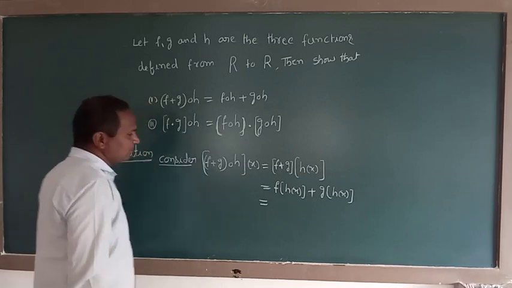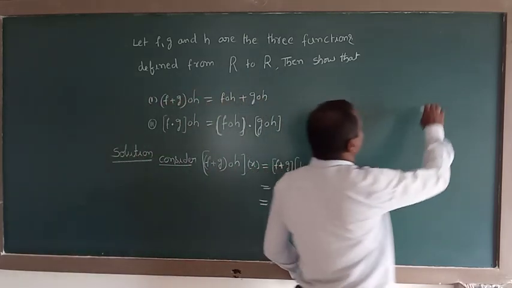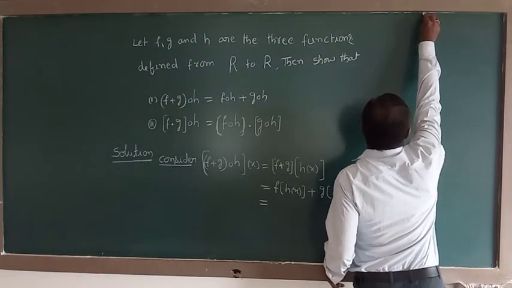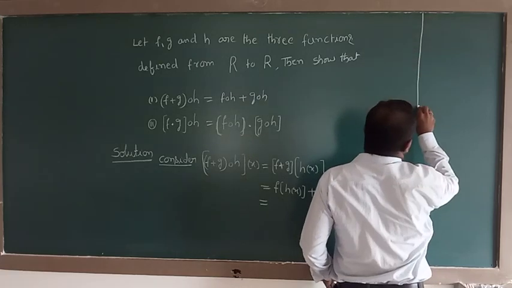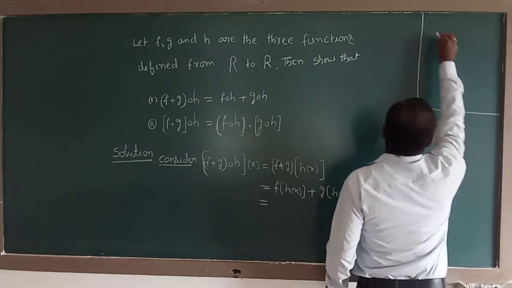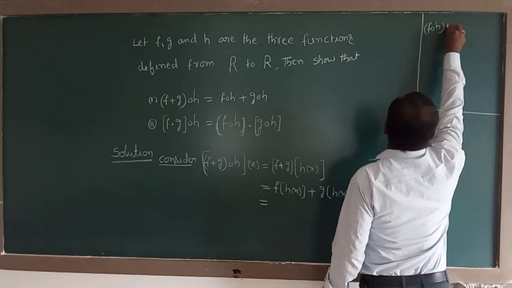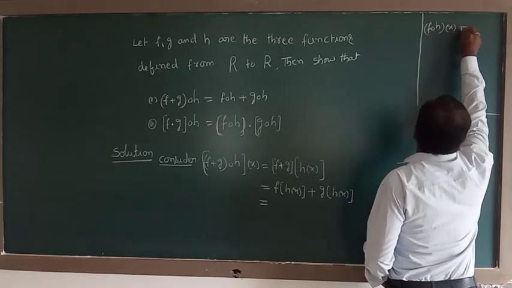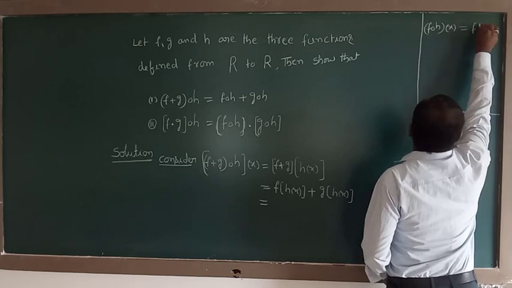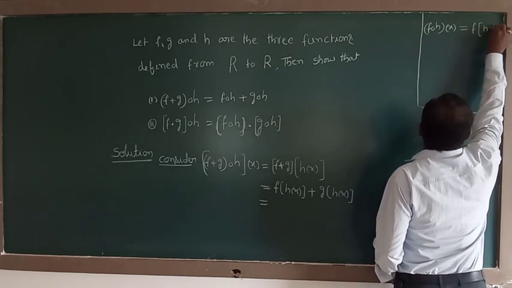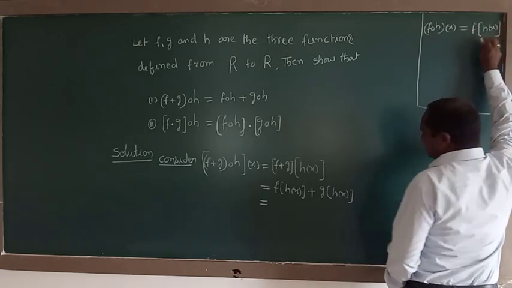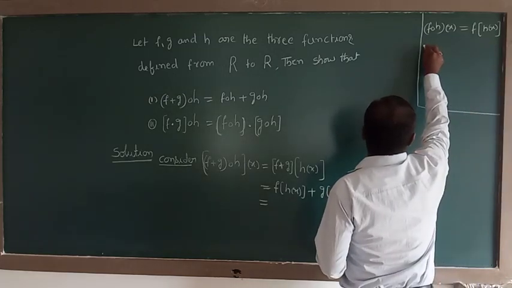Here I told some formulas. Now we have to apply these types of formulas here. One side I am going to write formulas here. F circle h of x is equal to f of h of x. Next one is g circle h of x.